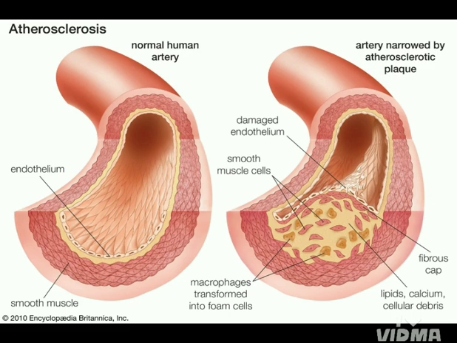Then smooth muscle cells migrate and proliferate, plaque formation and progression, then plaque instability and rupture, thrombosis, that is blood clot formation.